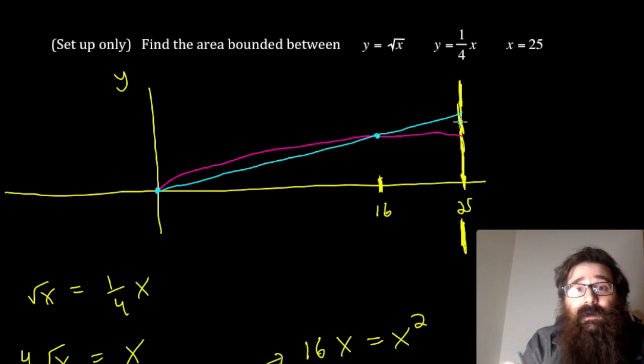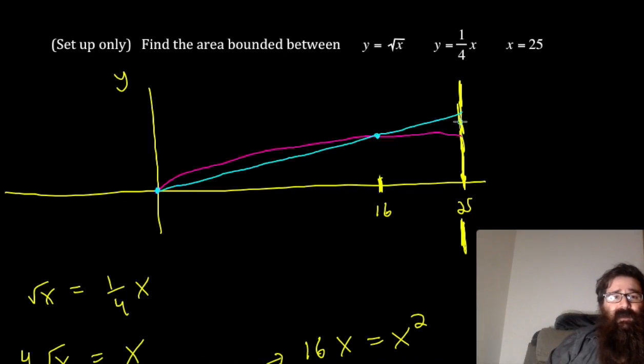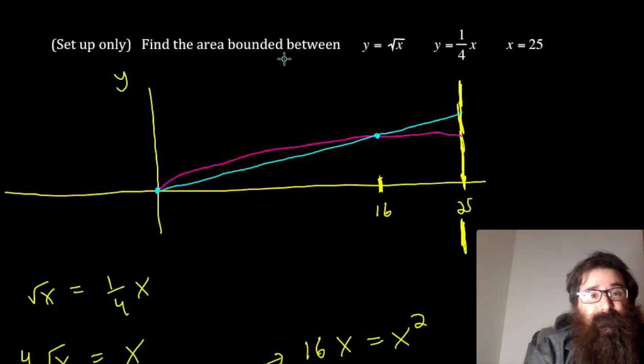This is important to understand because in order to find the area of this region involving these three curves, we actually have two separate regions. We have this region from 0 to 16, where the upper function is square root and the lower function is 1/4 x. Then we also have the region from x equals 16 to x equals 25, where they trade spots.